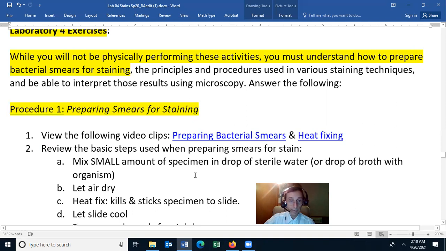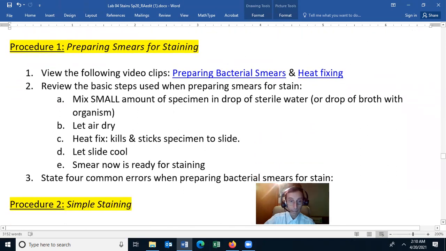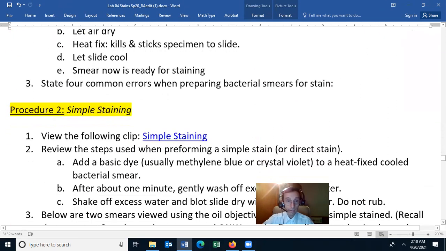And then go through the procedure for preparing smears and staining. It's here. And once you have made the bacterial smear, you can then stain it. And the first procedure we'll do, procedure 2, is doing a simple stain. So watch the video clip on performing a simple stain.